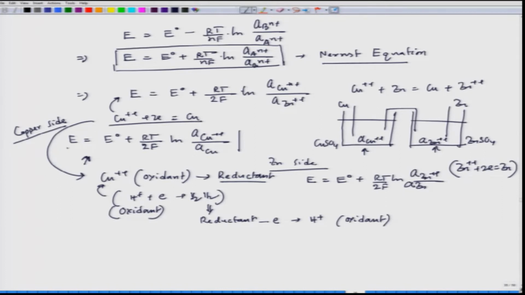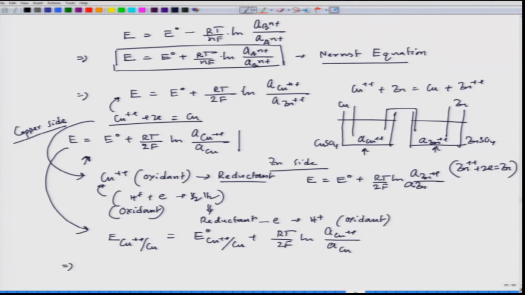Now, from this can I not write E, since I am converting copper plus plus to copper. So, I can write E copper equal to E0 copper plus plus copper plus RT by 2F ln of activity of copper plus plus by activity of copper.